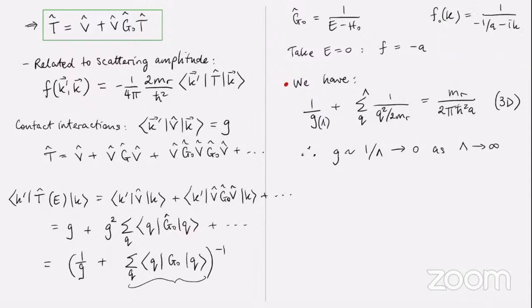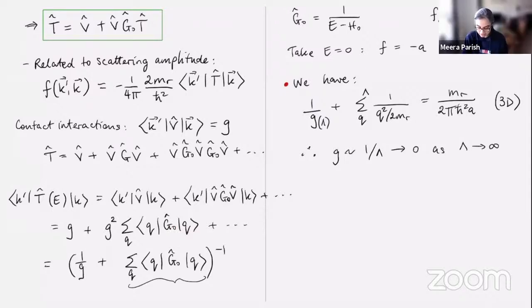So that's why you only end up with one sum at the end. You might have thought that if I insert two of these in between, I should have two sums, but I make use of the fact that this one is diagonal, while these are not.